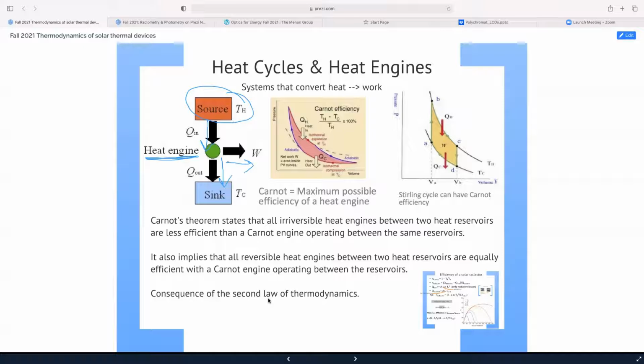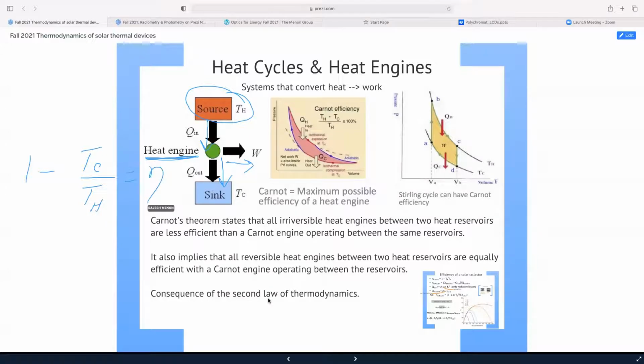Like the refrigerator has a hot part, and there's a compressor which is doing the work. So the source there is the compressor. If you have a solar concentrator, for instance, the source TH would be where the absorber is in that case. Now, what Carnot's theorem tells us is that this efficiency is TC over TH.